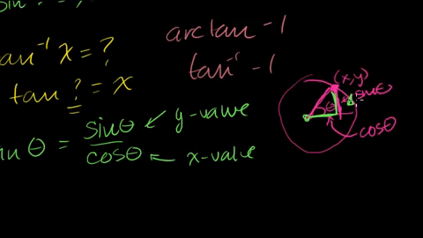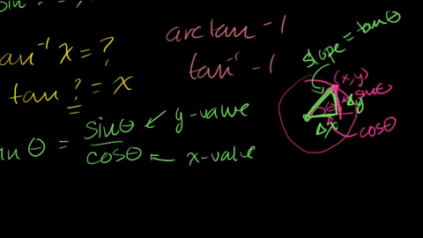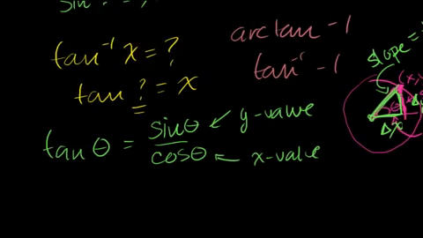This is our change in y over our change in x, or our rise over run. You can view the tangent of theta as the slope of this line. So you could write slope is equal to the tangent of theta. Let's just bear that in mind when we go to our example.